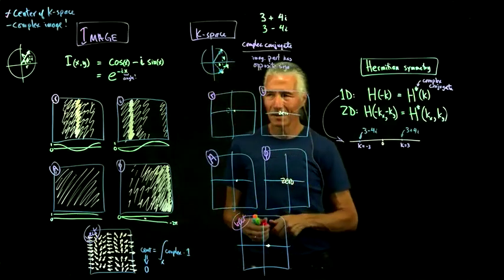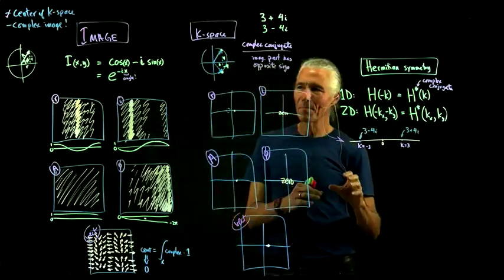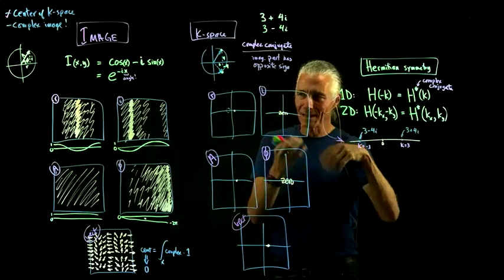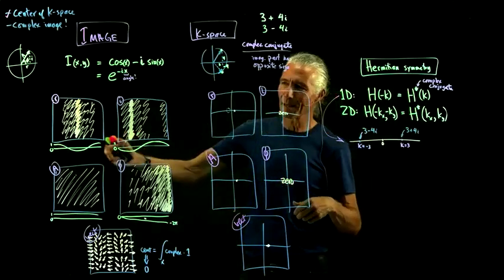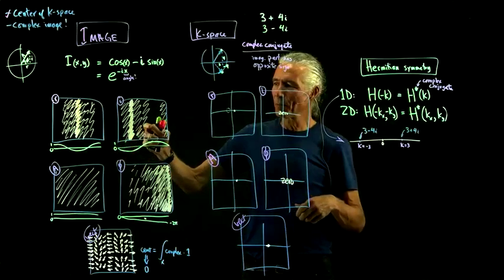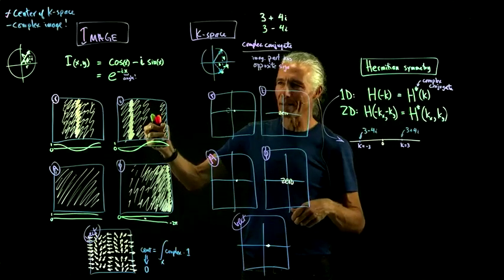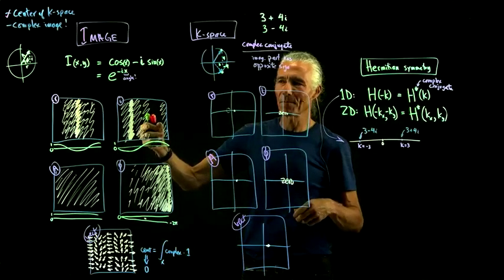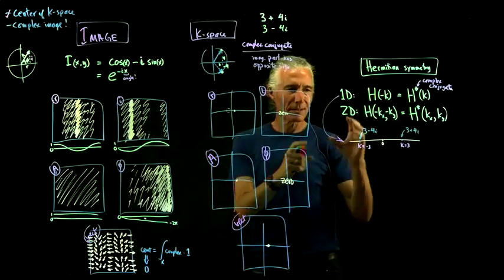The problem in understanding this is just keeping all these dimensions straight. You've got x and y in the image, and then at each point you've got another x and y embedded in there, which is like this complex number. And then you have the same thing in k-space.